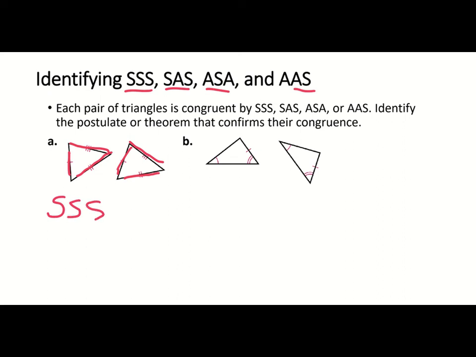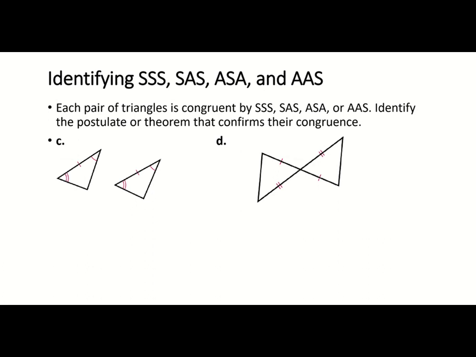If we look at B, we have 2 angles that are marked congruent on each figure. And then we don't have a side between the angles, but a non-included side. So that is going to be angle, angle, side, because it's a non-included side. It's not between the 2 angles.